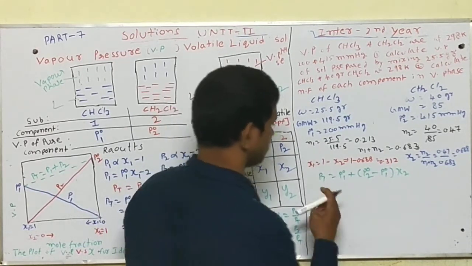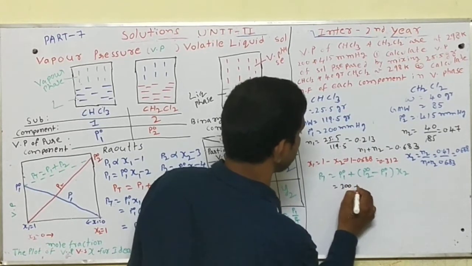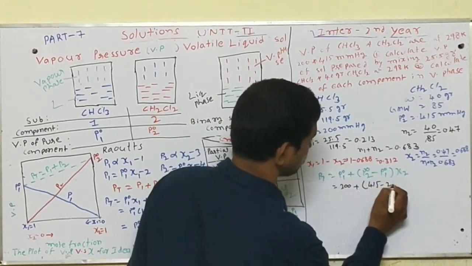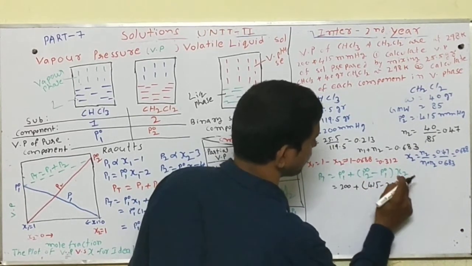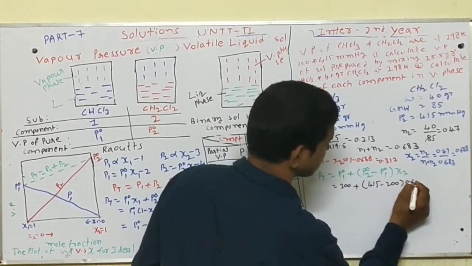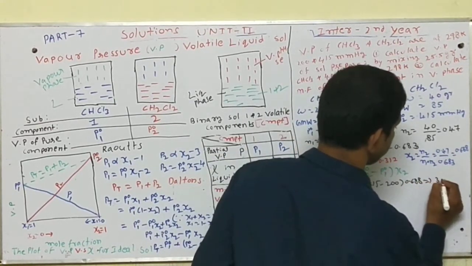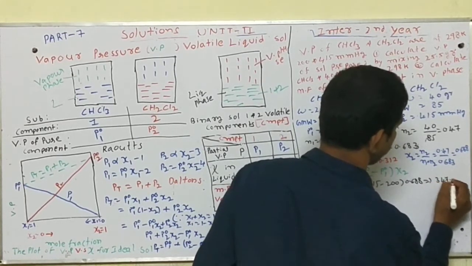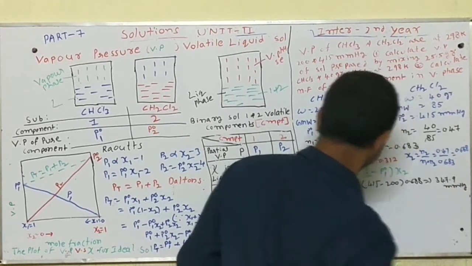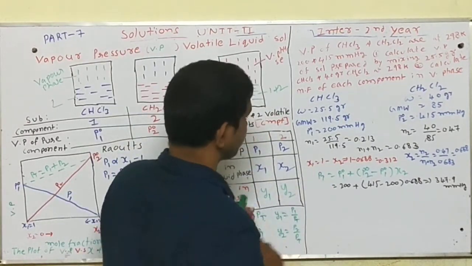Upon substitution, P01 here is given as 200 mmHg plus (P02 415 minus 200) into the mole fraction of dichloromethane, 0.688. On simplification we get 347.9 mmHg.